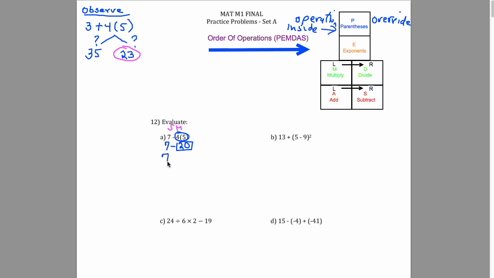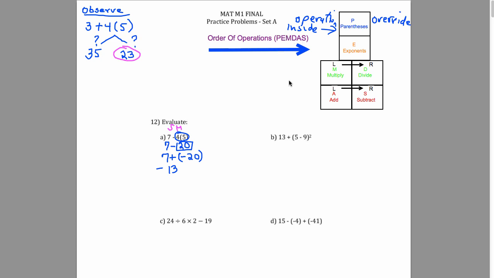We'll turn that into an addition problem, and we change the sign of the second number. So now you have 7 positives and you have 20 negatives. Combining these, we see that the negatives win out by how much? By 13. So that would be the answer here.